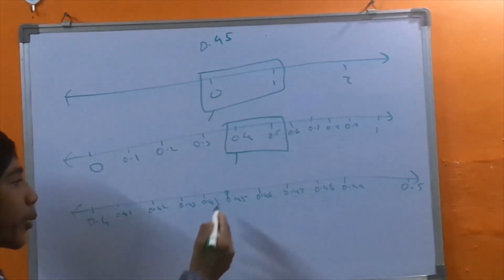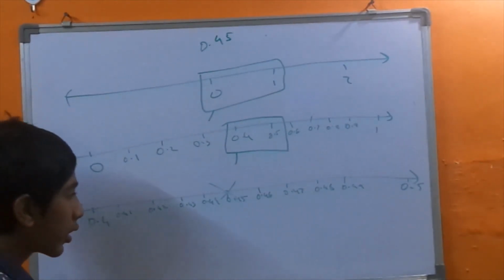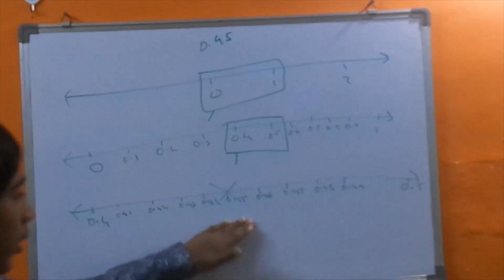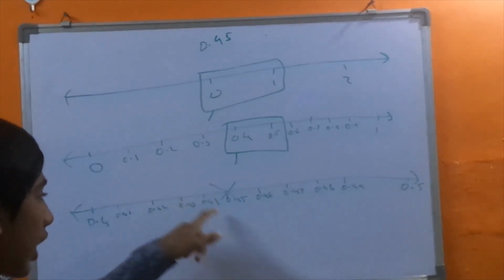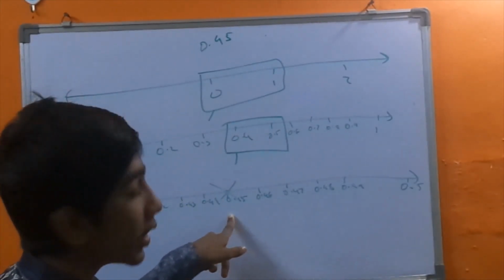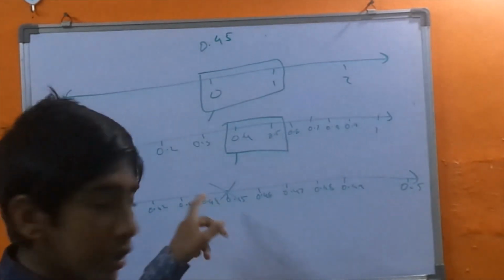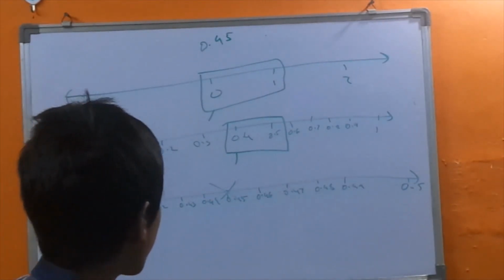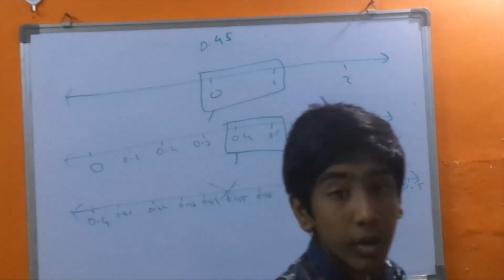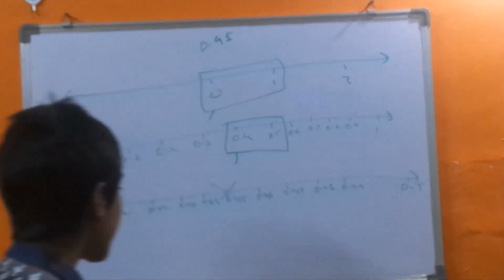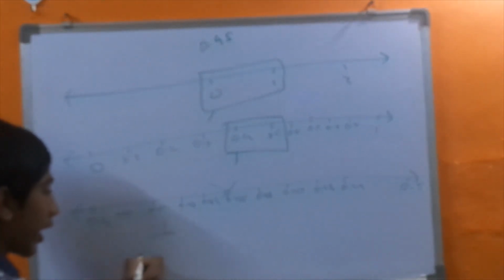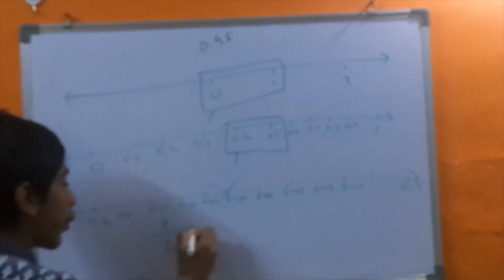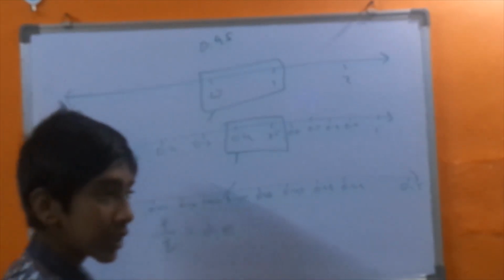See, we can find 0.45 here, and this is the number we need. Now as we learned that rational numbers can be expressed in the form of decimal expansion, right?